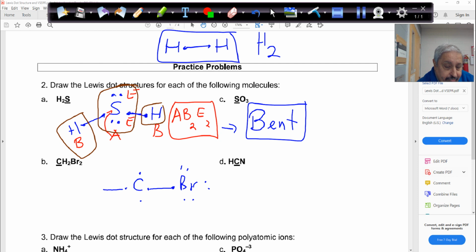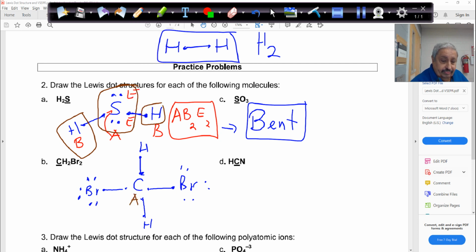And bromine here, that's 1 here, 5, 6, 7. And then you have here hydrogen, and here you have hydrogen.